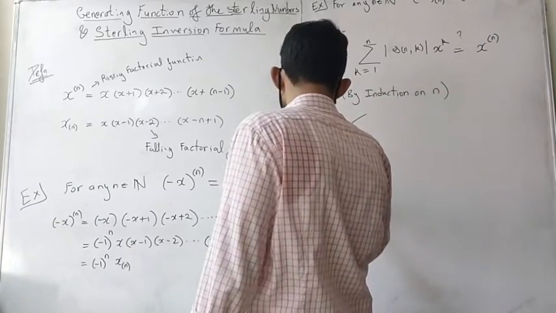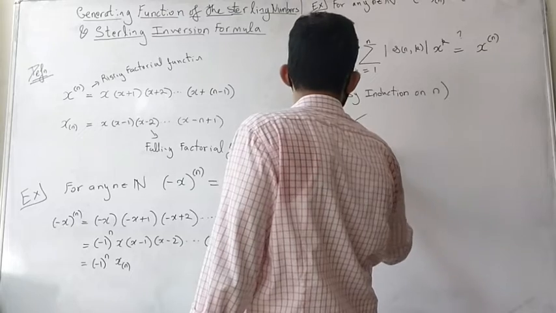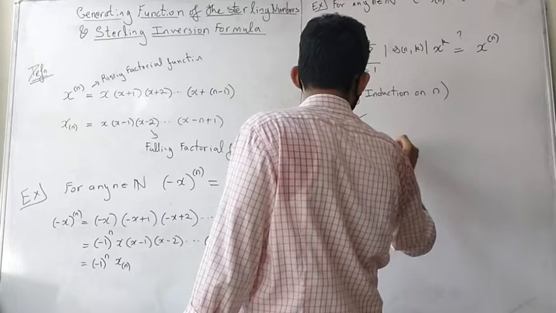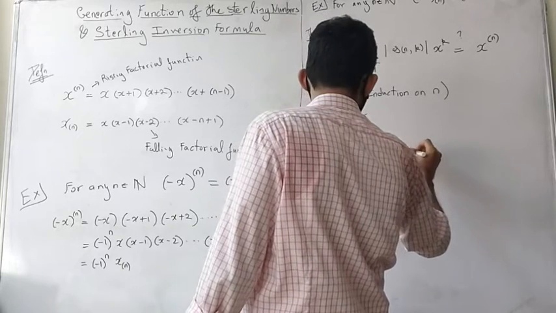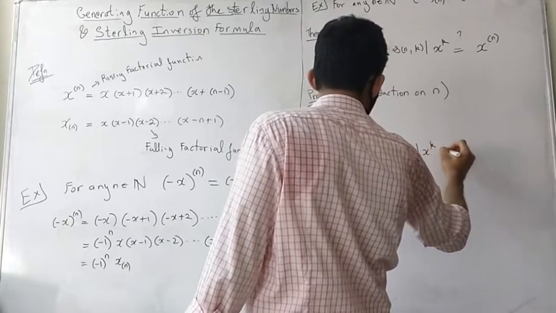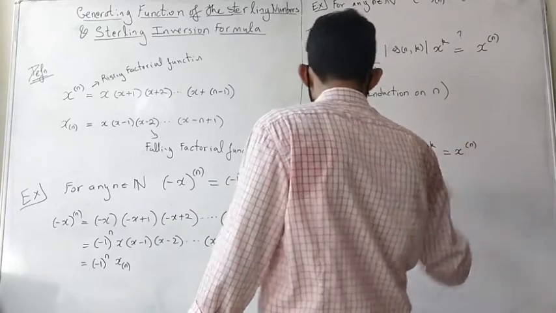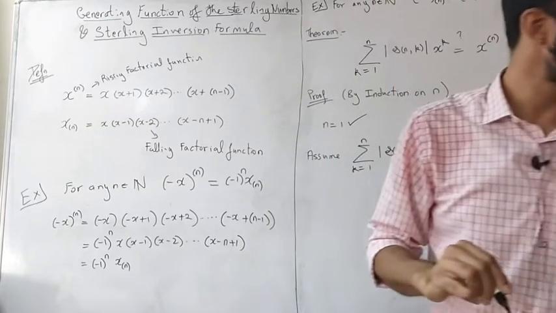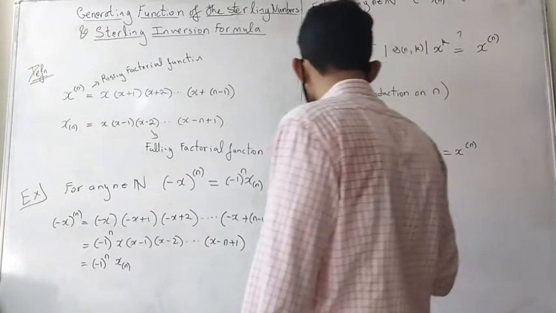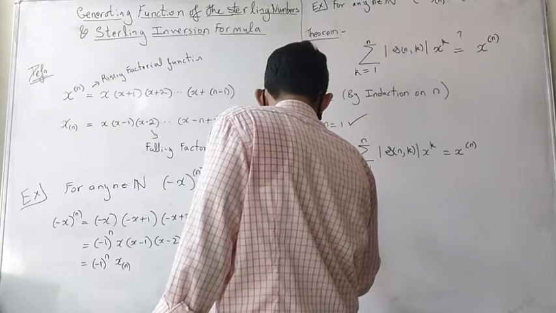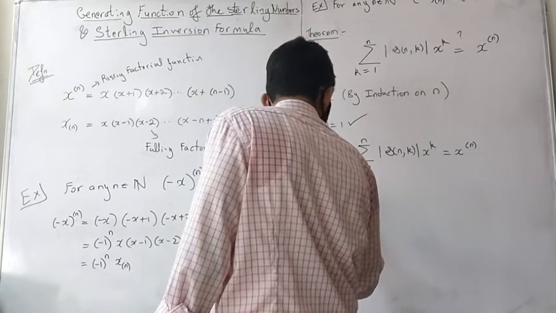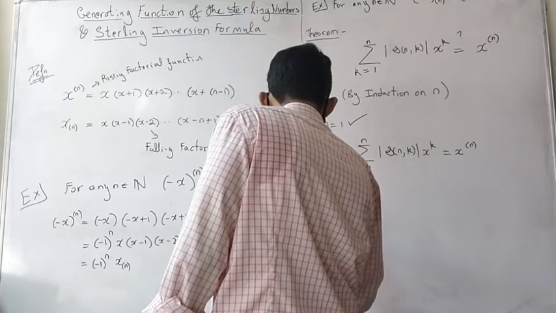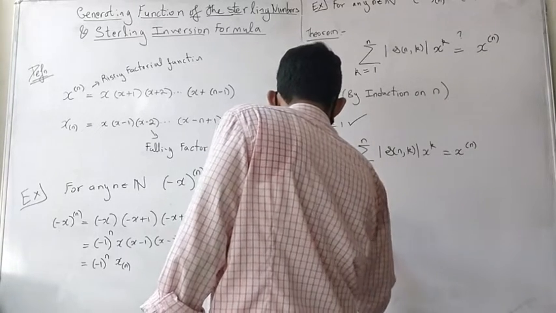So assume that summation k going from 1 to n of |S(n,k)| x^k equals x^(n). And we'll prove it for n plus 1. We'll go from the right side to the left side. So what is your x^(n+1)?